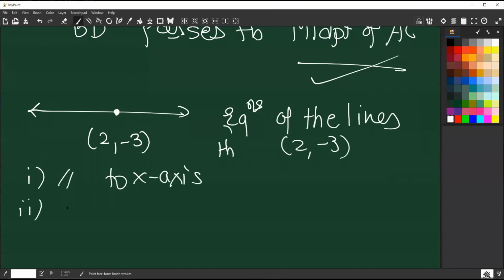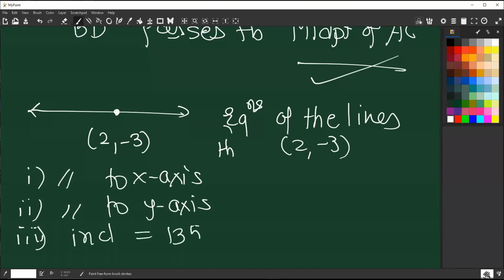Second, parallel to the y-axis. Third, the inclination of the line is 135 degrees. Give me the equation of all three. You can tell me orally also. That will do.